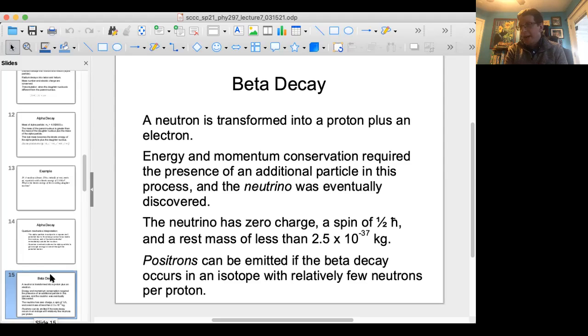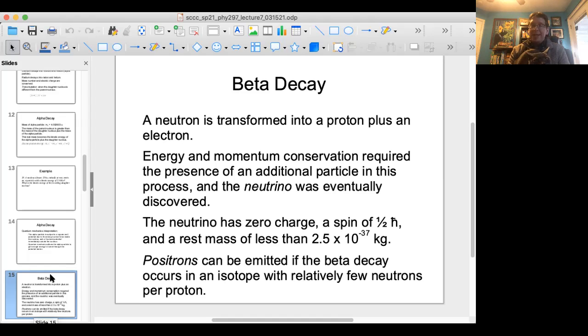But physicists are very confident the number is not zero at this point. The neutrino has zero charge and a spin of half h bar. The maximum possible value it could have is 2.5 times 10 to the negative 37 kilograms. It can't be any more than that. It could be less than that. But again, physicists are fairly confident the number is not zero, like a photon, for example.